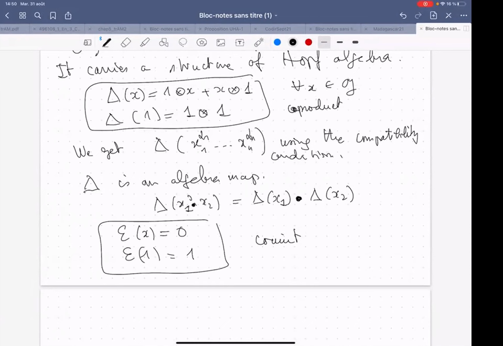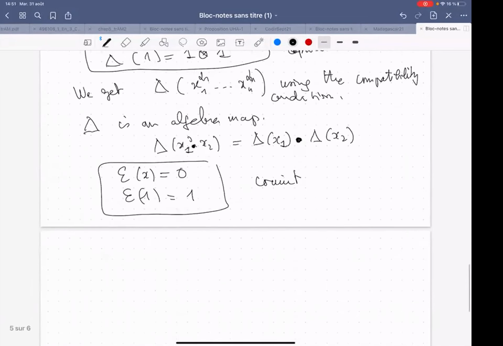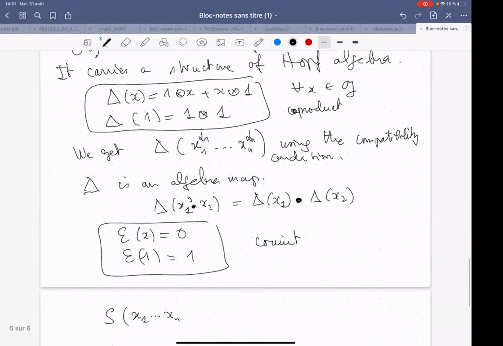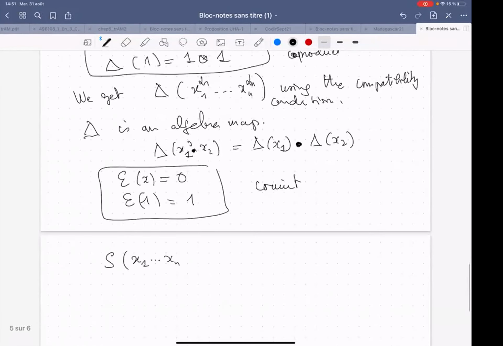Now, in order to get a Hopf algebra, I need to define an antipode, and the antipode S of x1 through xn, this is the multiplication, because here, of course, this U(J) is polynomial somehow, is minus 1 to the n times xn through x1.